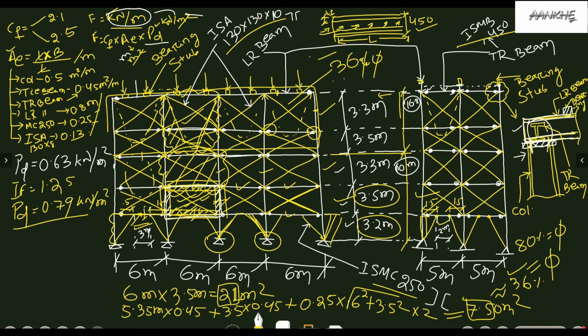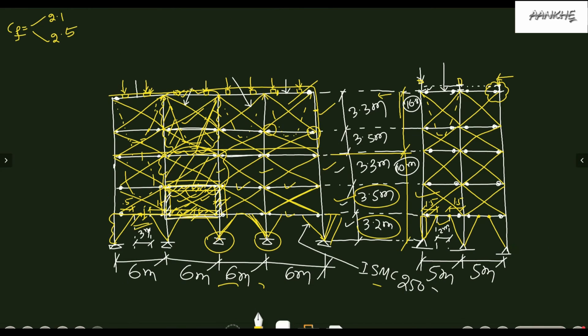Okay, now I should remove a major part of the calculation to have the space. Let me free up some space. Now we have your CF and your PD is 0.79 kilonewton per square meter.